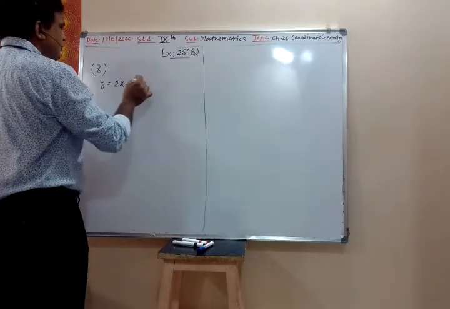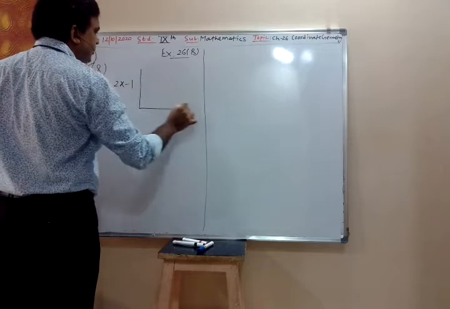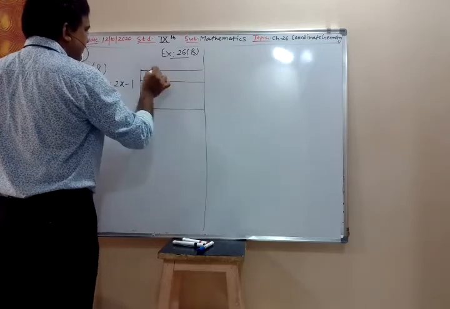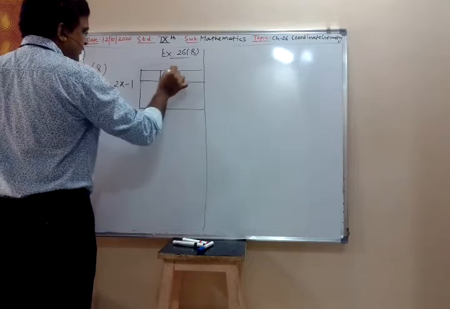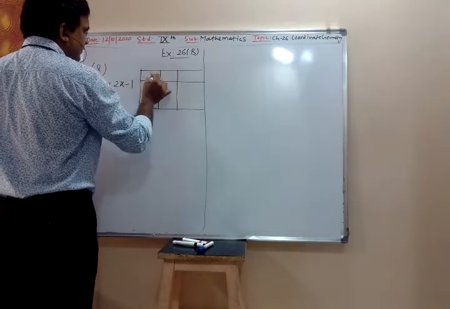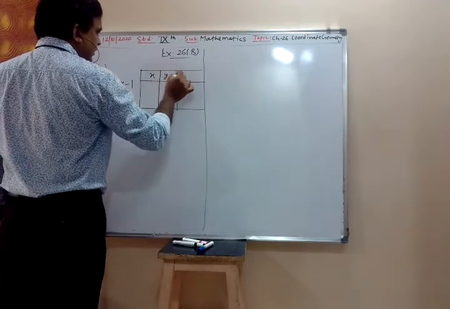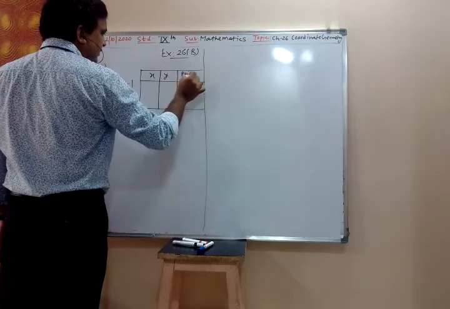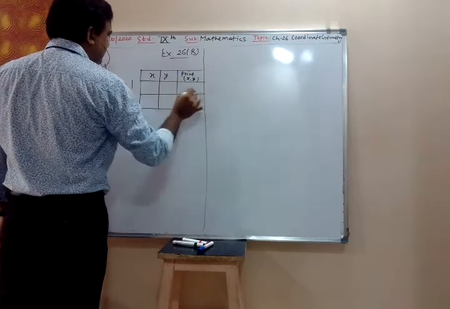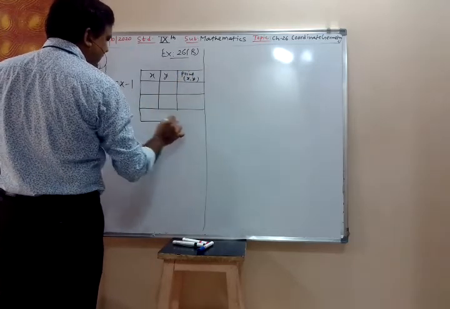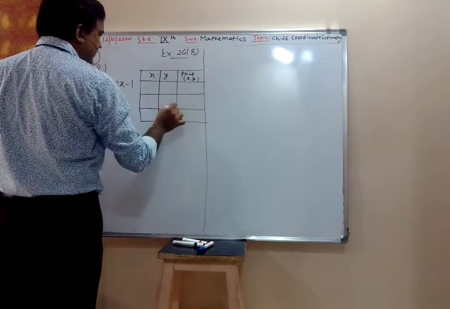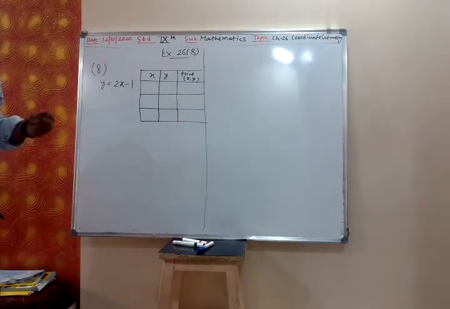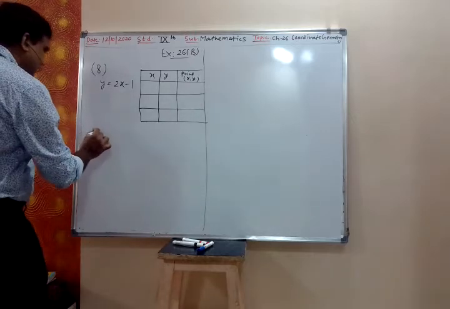So for y is equal to 2x minus 1, you find 3 points, x, y, and the point x comma y. So find 3 points for this line.